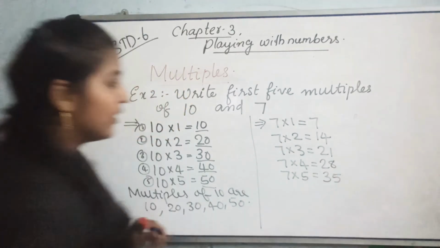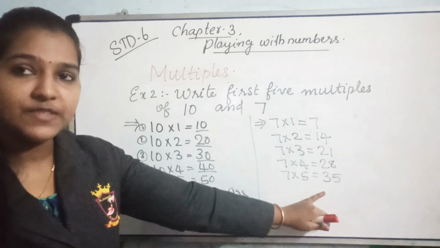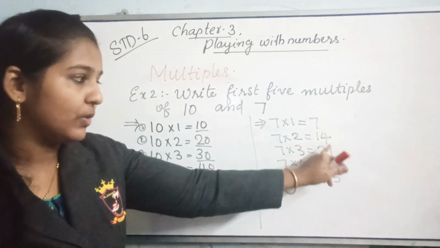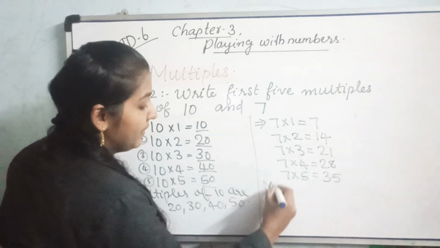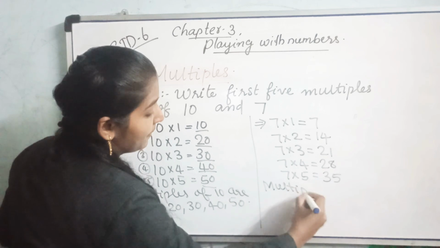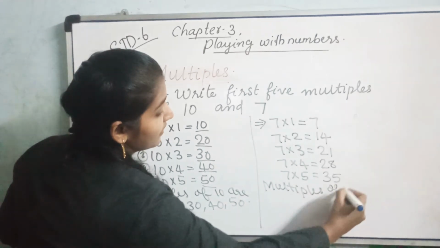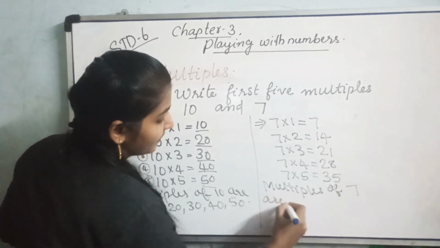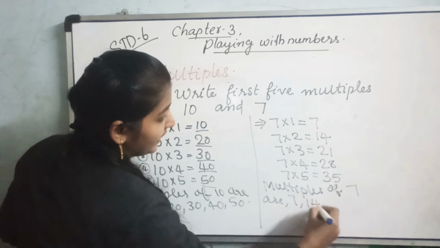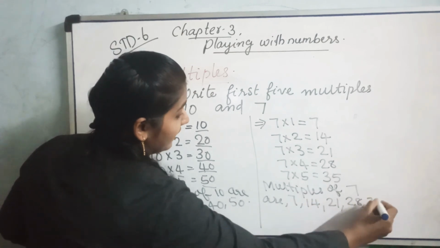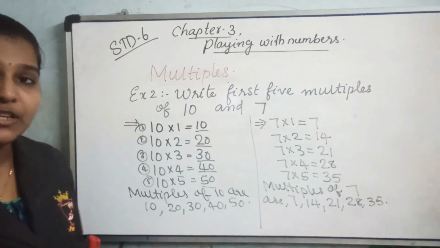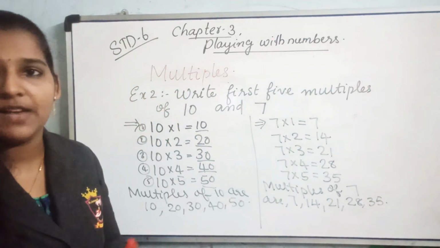So we got the multiples of 7 are 7, 14, 21, 28, 35. Now you can write multiples of 7 are 7, 14, 21, 28 and 35. These are the first 5 multiples of 7.